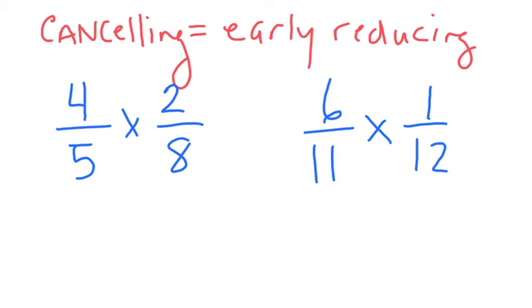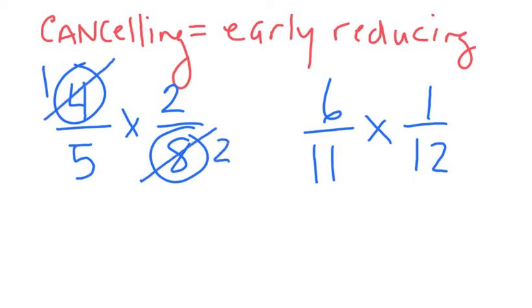So, for example, on this first one, if you notice, 4 and 8 could cancel. Also, 2 and 8 could cancel. So you just say to yourself, well, I'll go ahead and pick one. So 4 and 8, I could cancel those because 4 goes into 4 one time and 4 goes into 8 two times. And then I could even cancel again right here.